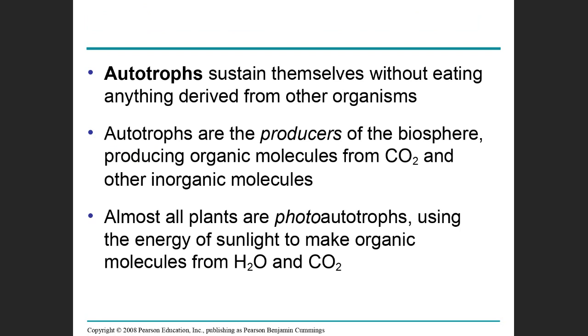So autotroph is a word that refers to organisms that don't eat anything derived from other organisms. So when you see the word auto, you can either think of self, right, because they don't need any other organisms, or you can think of automobile and what comes out of it, which is carbon dioxide.